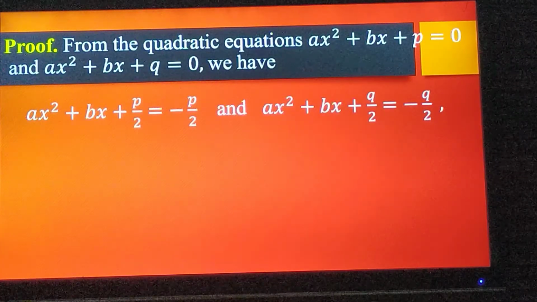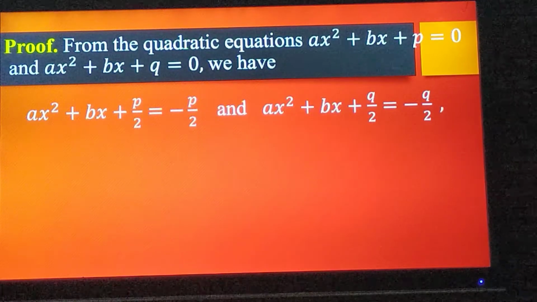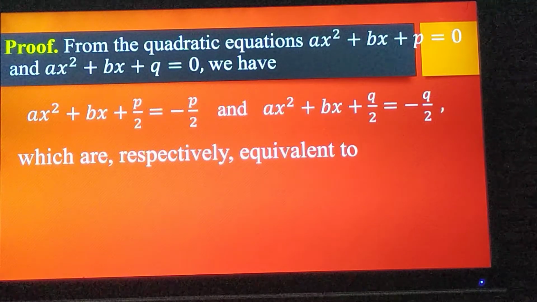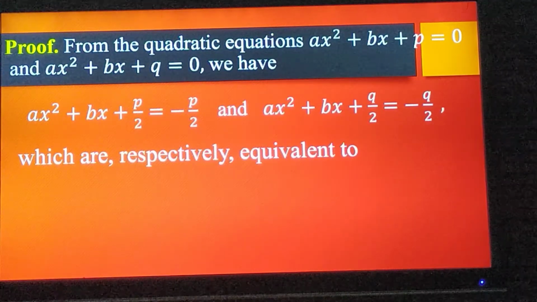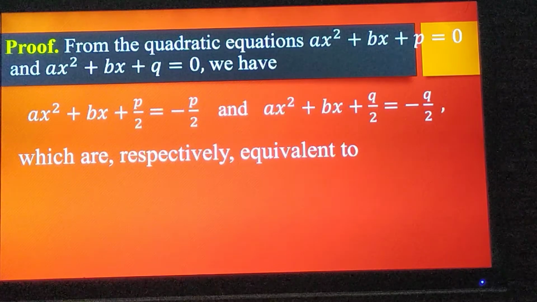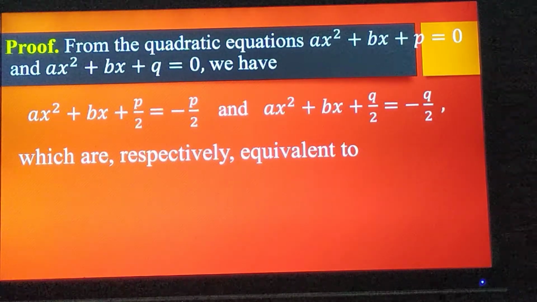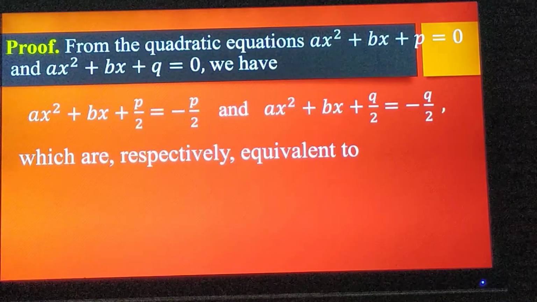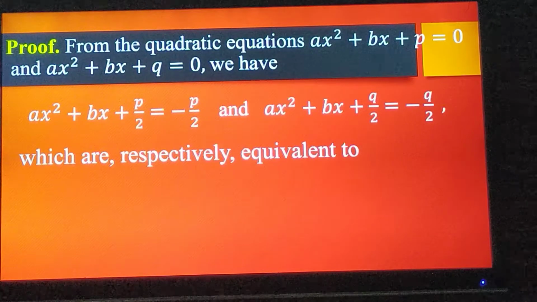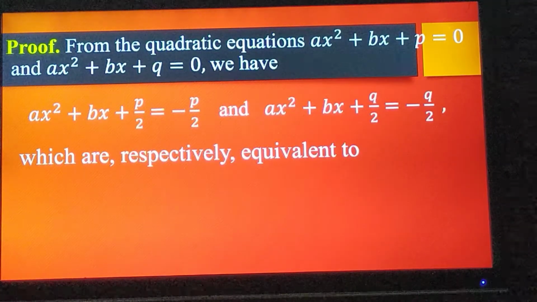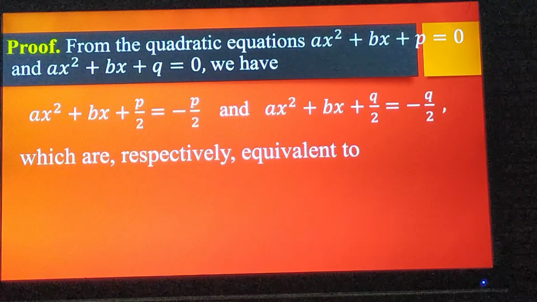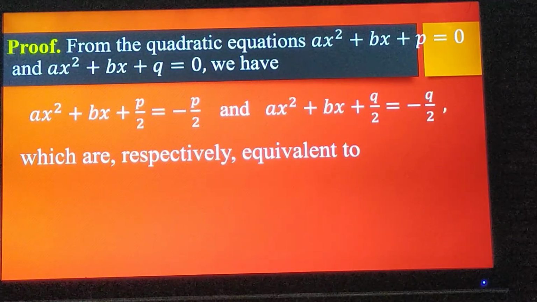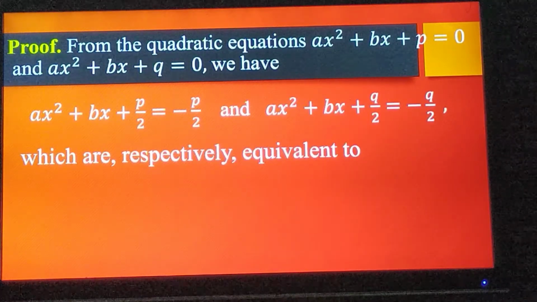Proof: from the quadratic equations ax squared plus bx plus p equals 0 and ax squared plus bx plus q equals 0, we have this equation on the left side. We get this by transposing half of p to the right side of the equal sign, and then from the second equation we transpose half of q to the right side of the equal sign.